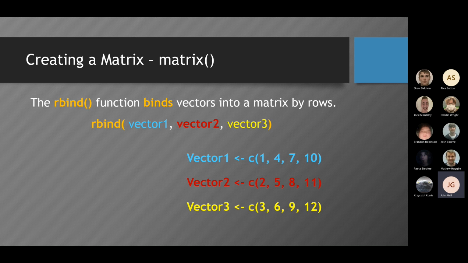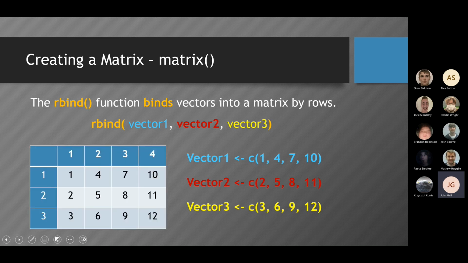And then rbind says bind by row. So what you should get is this: 1, 4, 7, 10, 2, 5, 8, 11, 3, 6, 9, 12. Make sense? So it keeps the structure of the vector itself, saying that belongs to one version, belongs to another version, which is how we understand normal tables to work.